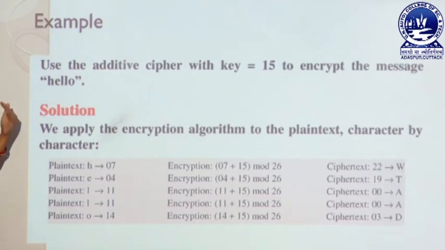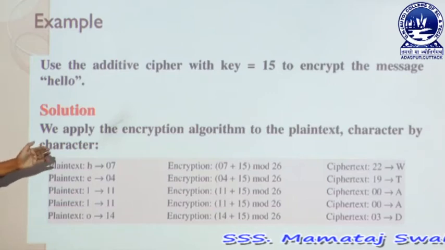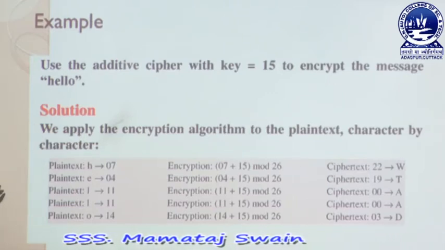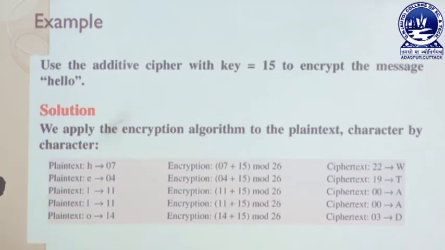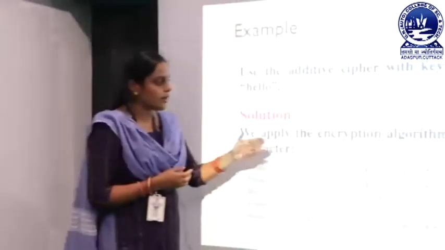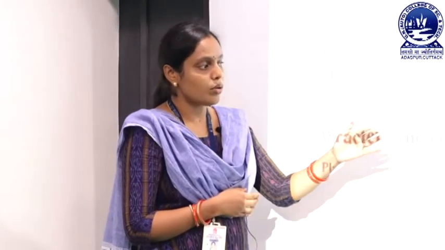When we encrypt this plain text, we have to add this value to the key value. Then in plain text H, which numeric value is 07, that is added to the key value, which is 15. That means 07 plus 15 we have to first add, then find out its mod 26. When we add and find out the mod 26, the value is coming which is 22. That is the numeric value.